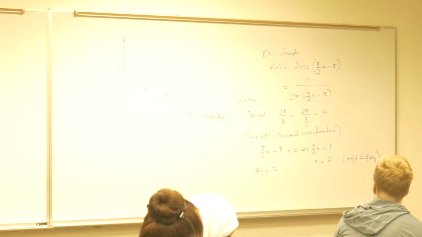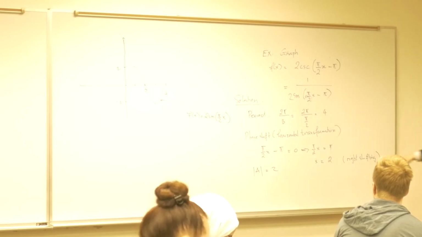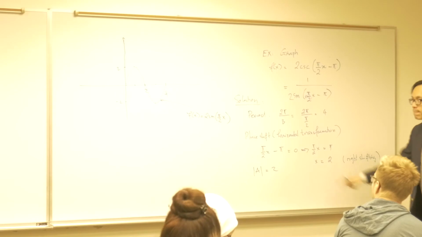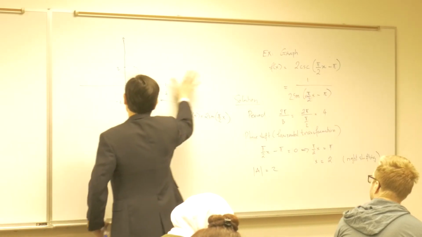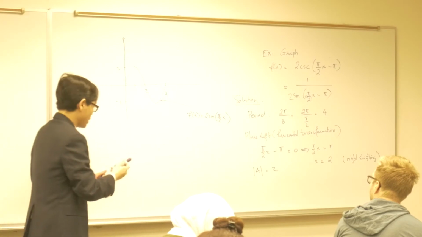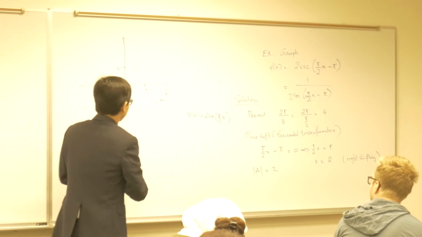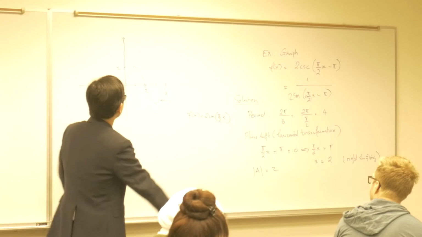Okay. Now I'm going to shift. And I want 2 units to the right. So I shift the whole thing, move to the right 2 units. Okay? So let's see how I'm going to move it.